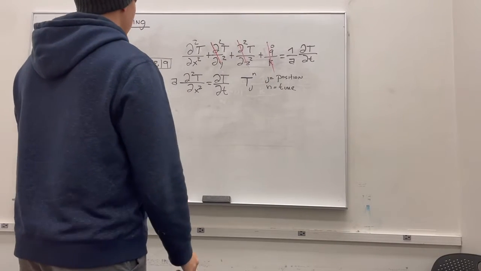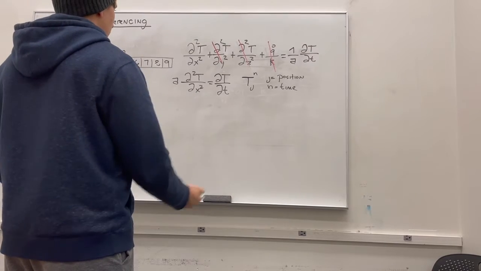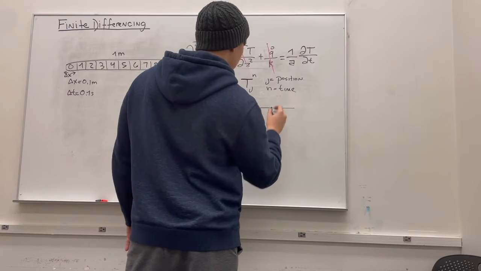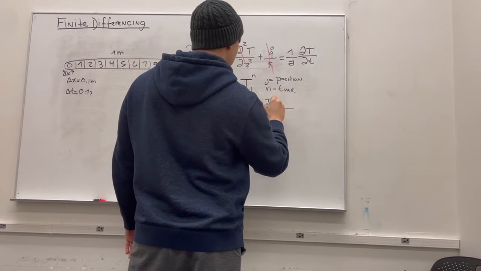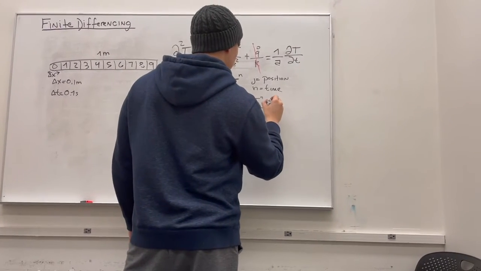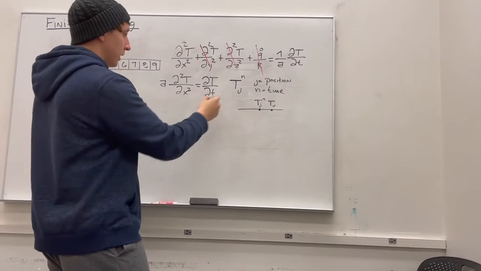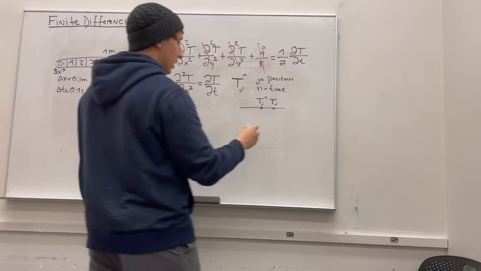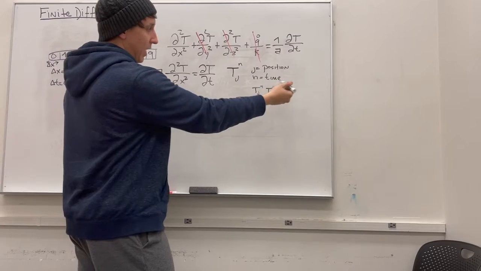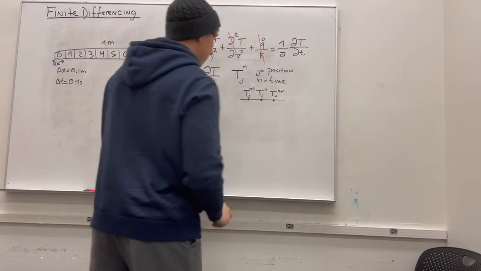Utilizing a finite differencing understanding, if I was to draw a number line right here, at some position and some time, we keep the position the same, since this is a partial derivative and we're only looking at how the temperature changes with time. We can see the time above it, which is n plus 1, and the one behind it, which is n minus 1.